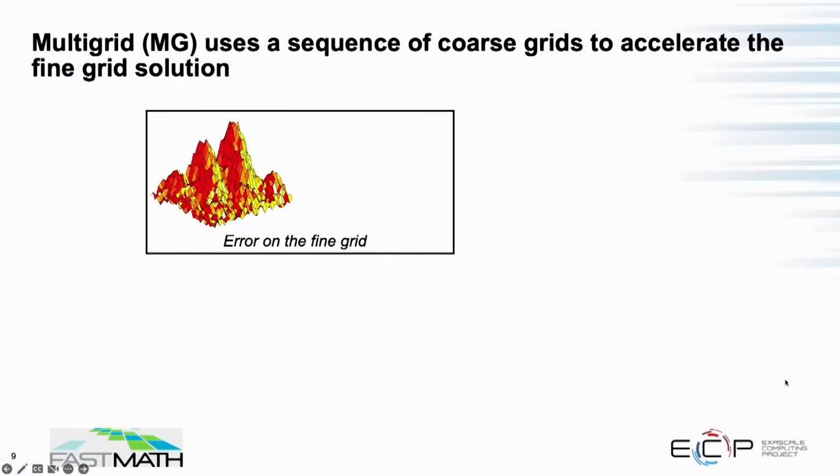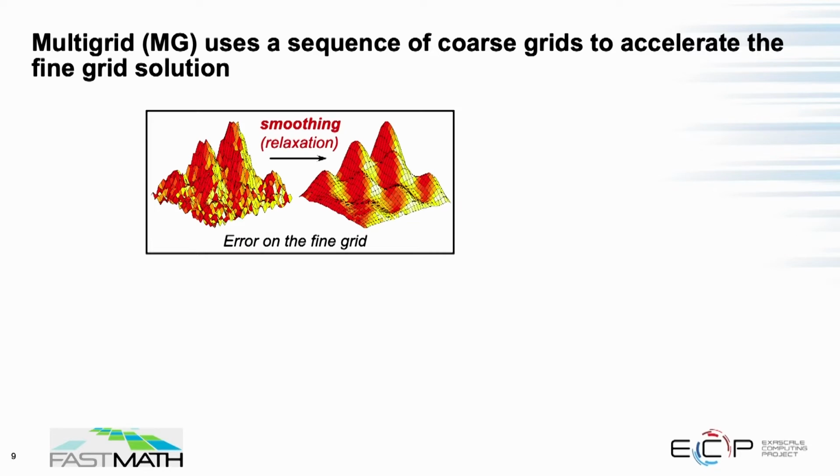Now let's briefly go through how multigrid actually works. In this cartoon view, imagine that we have a 2-dimensional Laplacian problem. Since we're thinking about an iterative method, suppose we have an initial guess and we plot the error, which is what's shown here. We plot the difference between our initial guess and the exact solution, and it might look something like this.